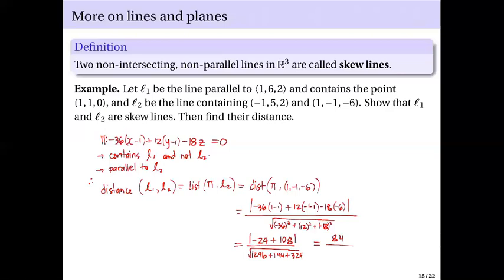So for the denominator, you have 1296 plus 144 plus 324, that's 1,764. And you get the square root of this. I think we can get the square root of that. What's the square root of that? It's 42. So in the numerator, you will have 84. In the denominator, you have 42. 84 divided by 42, this is just 2.